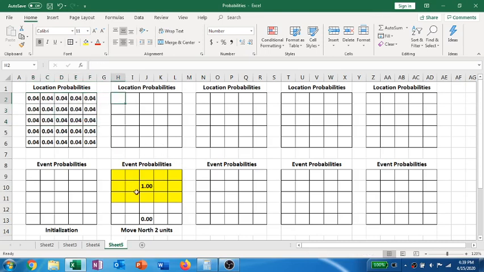Our probability that we're in this area is 1. So I can take the probability of the robot at that location times 1, since the probability that this event happened is 1, so it's kind of useless, and then divide by the probability of this whole region, which was 0.6. So the probability of the robot being in this area is now 0.07.